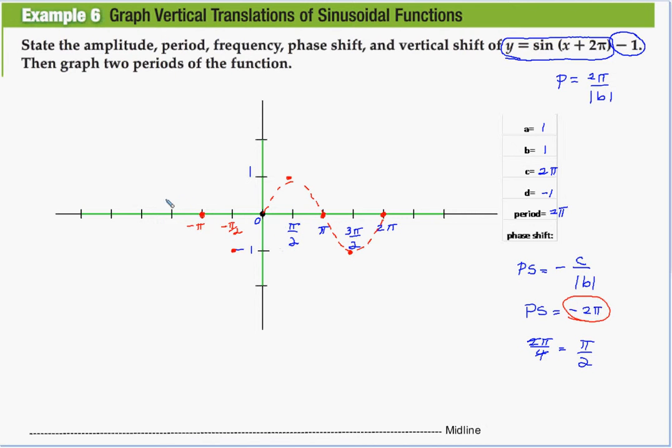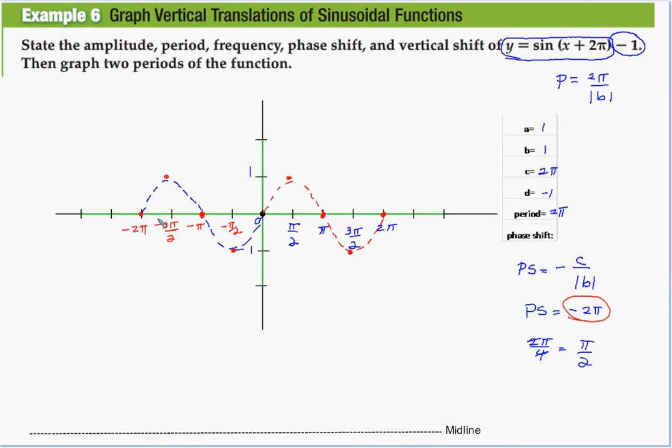Pi over 2 minus 2 pi is negative 3 pi over 2. Now I connect, let me use another color, to connect all the points so that I know that this graph is shifted 2 pi units to the left.